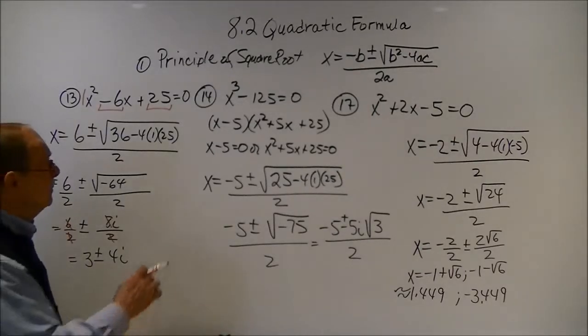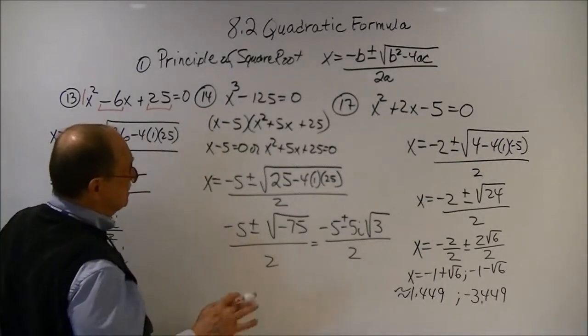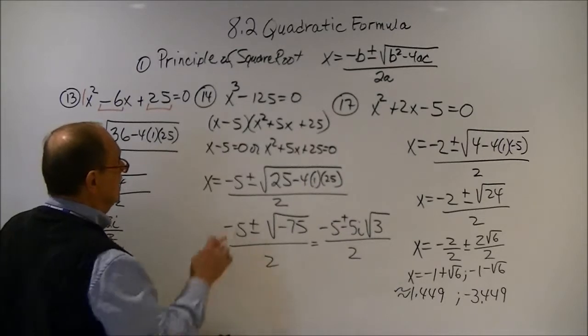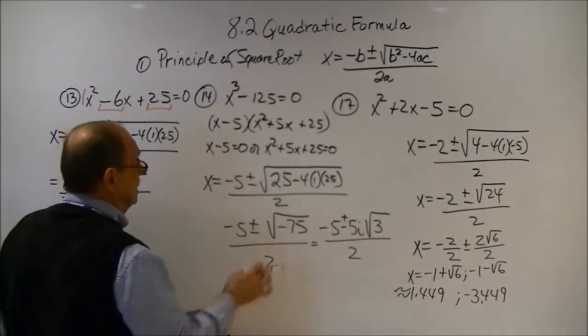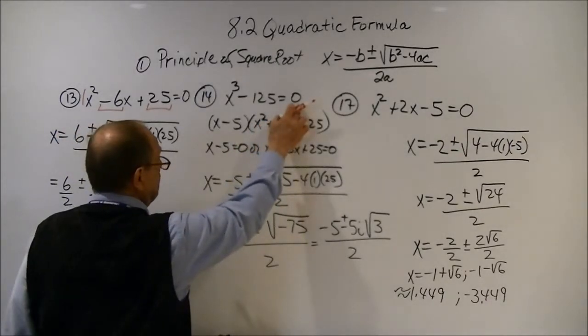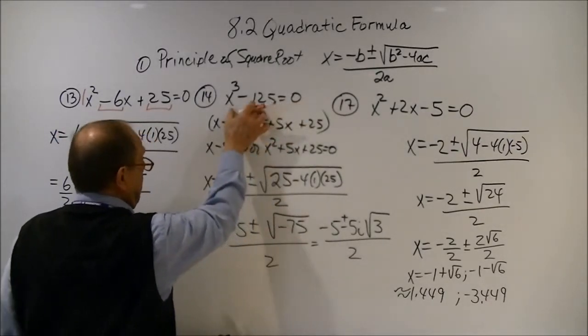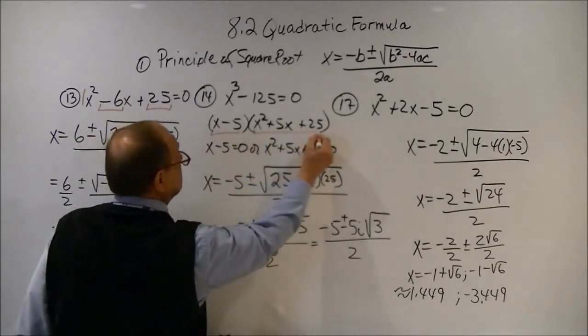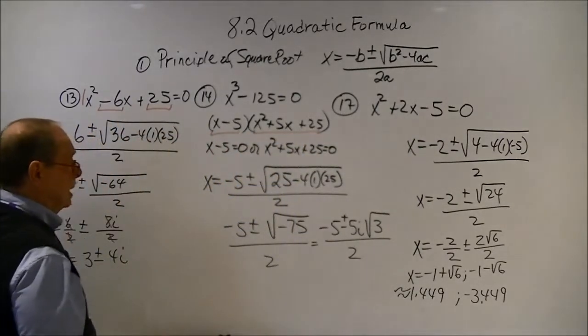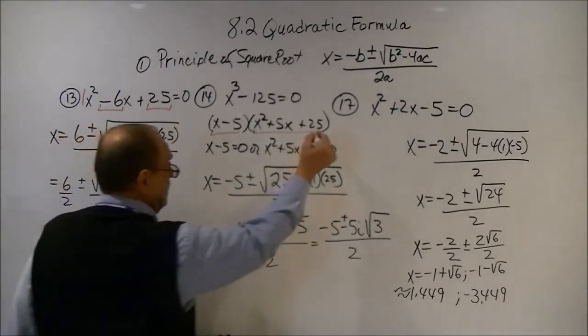Now for number 14, I put that one up because that's sort of interesting as well. Here it's the difference of perfect cubes that equals 0. So I had to factor that into its factors. Now, again, this equals 0.